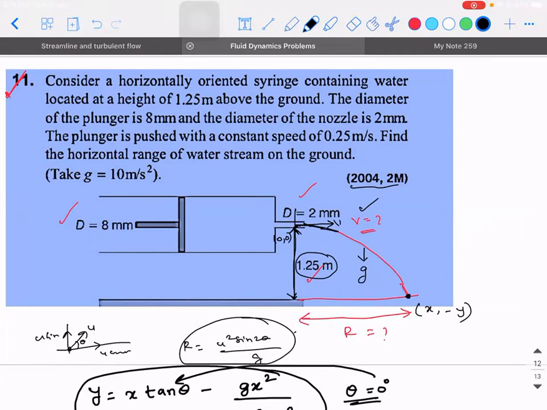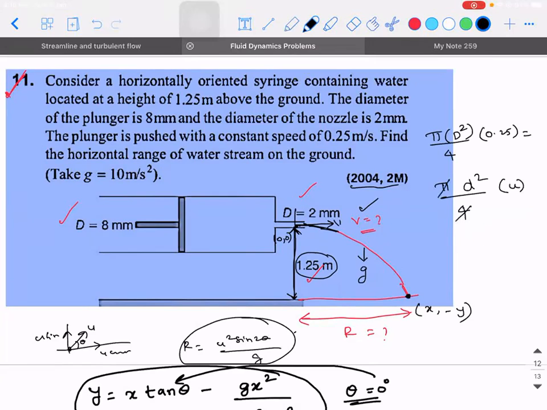So A1 V1, that is pi into capital D square divided by 4, into the speed with which the piston is pushed. It is pushed with a speed of 0.25, which is equal to pi into small d square divided by 4 into, I need to calculate the speed here.